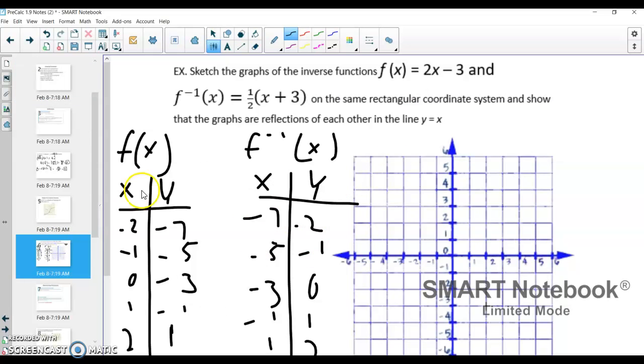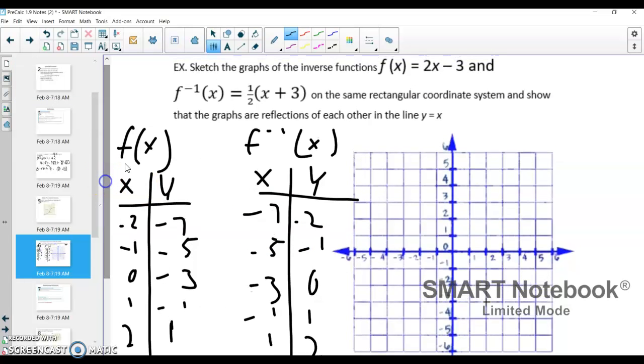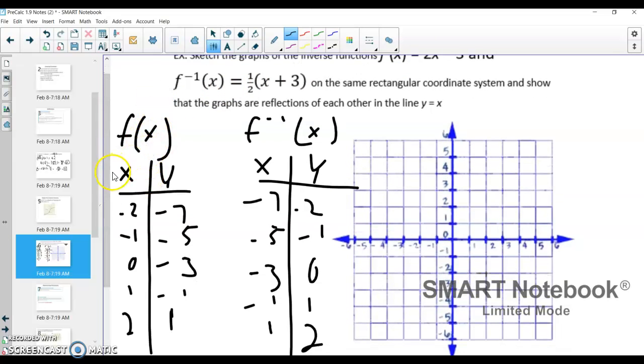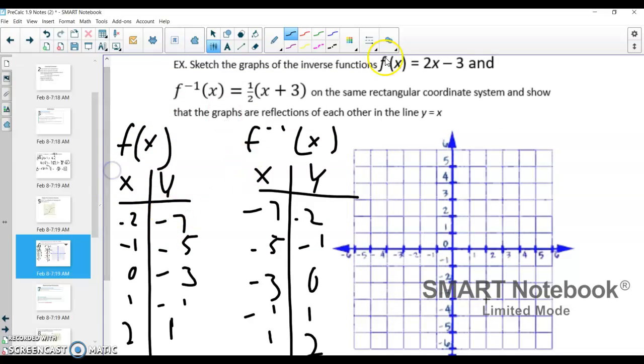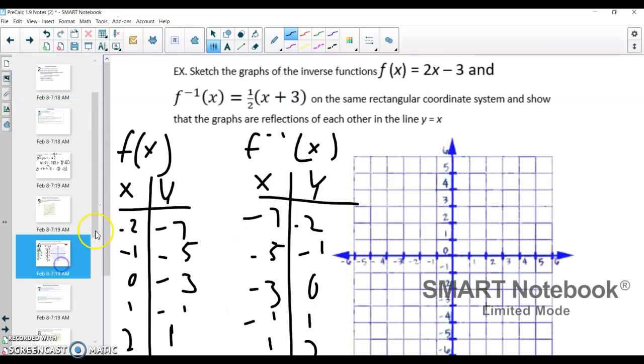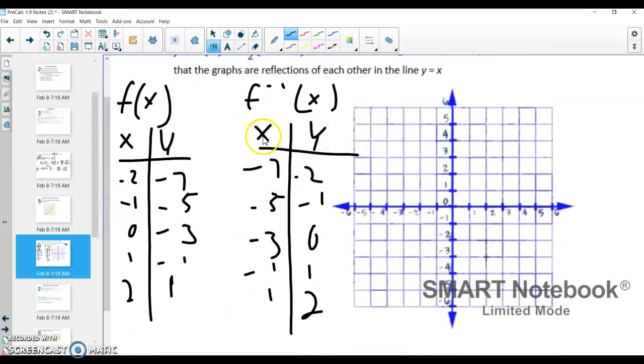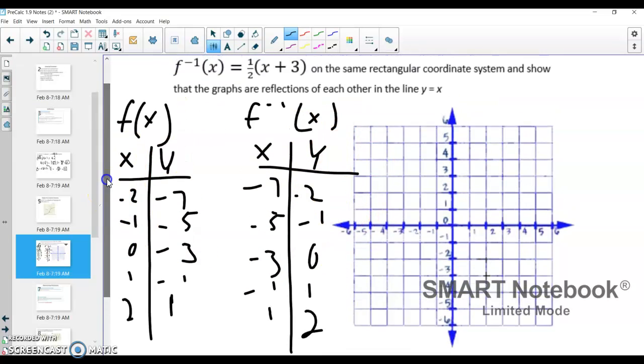If we go to this problem here, I have f of x, I have my inverse f negative 1 of x, and when I plug in points to do an xy table for f of x, I just plugged in negative 2, negative 1, 0 into my original function, and these are the inputs and outputs I got. Now, using that rule that I showed you in that first screen, I just have to flip my x's and y's. So all my y's over here become my x's, all my x's become my y's over here, and then I can graph and see what happens.